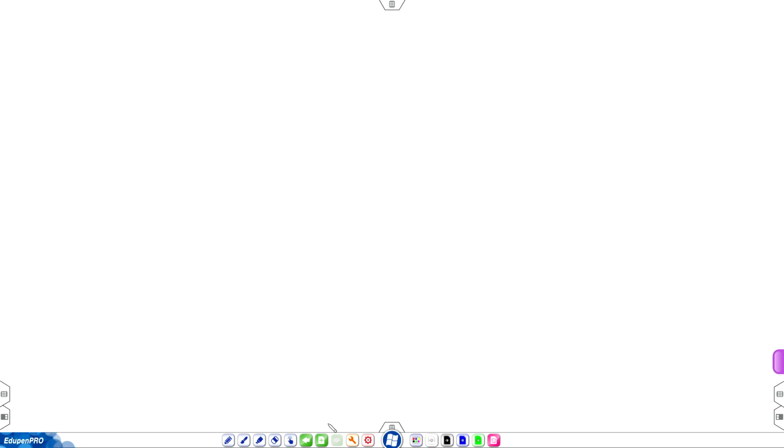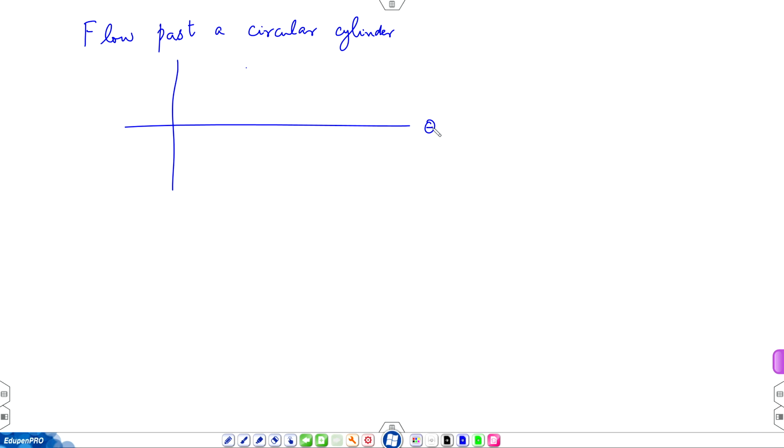So, if you plot for flow past a circular cylinder, this is theta, this is Cp.